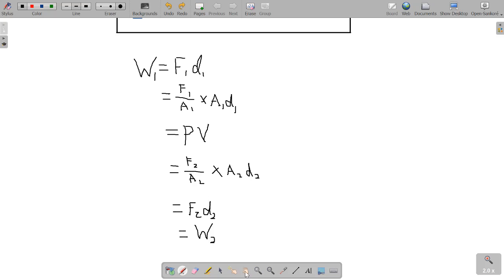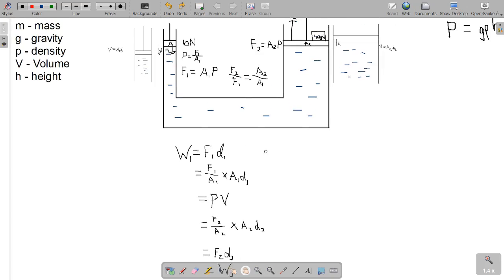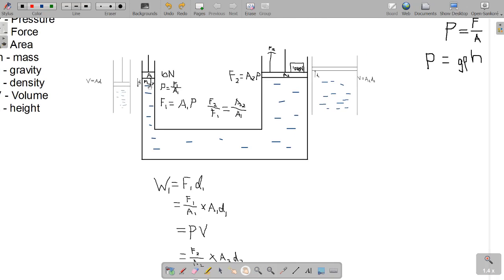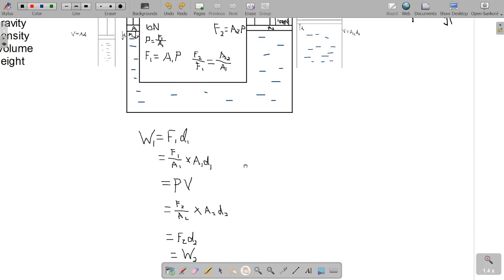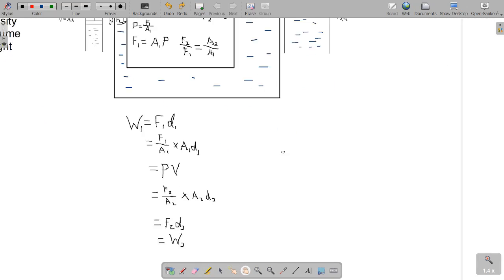So basically the point I'm trying to make here is that although the force here is larger than the force here, because the distance here is much smaller than the distance here, essentially you're not actually saving any energy when you have a much larger piston area here.